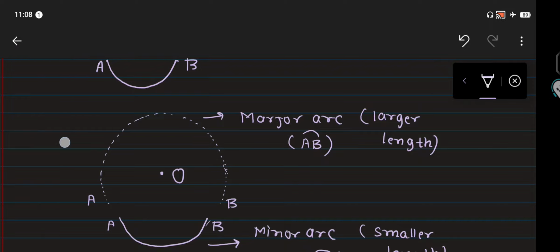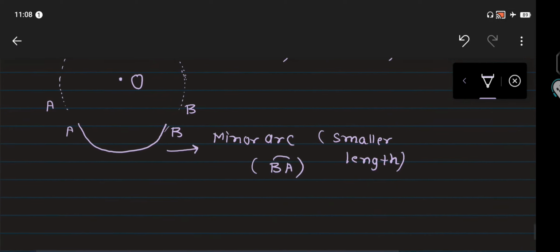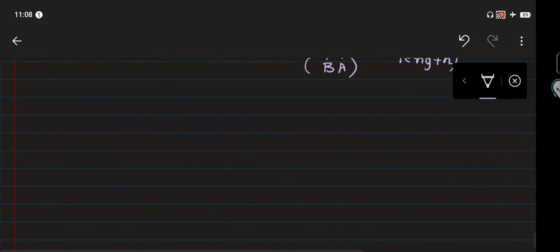Now the next term is the central angle. So what is the central angle for an arc?